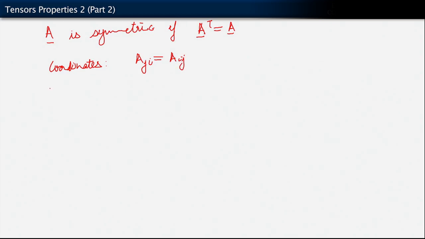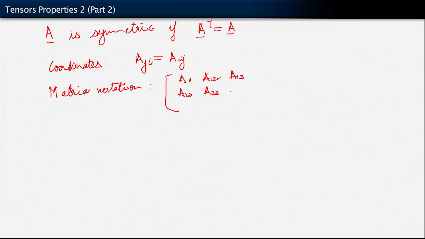If we write it out in matrix notation, we use matrix notation for representing our tensor. What we have is the following. We have A11, A12, A13, A22, and here we would have A21, but because of the symmetry, we have A12 there.